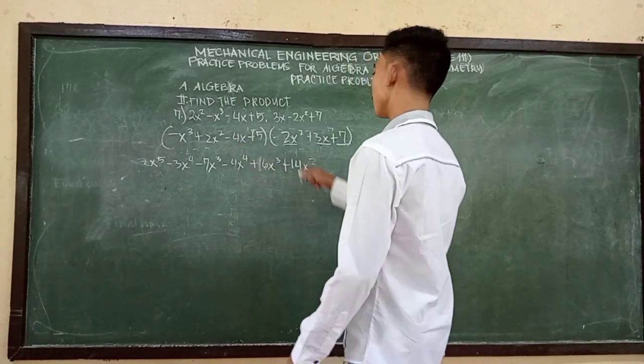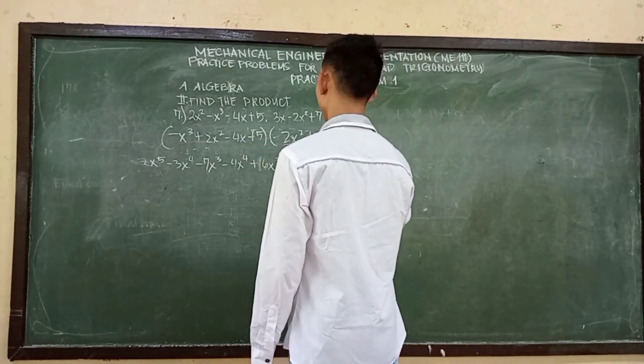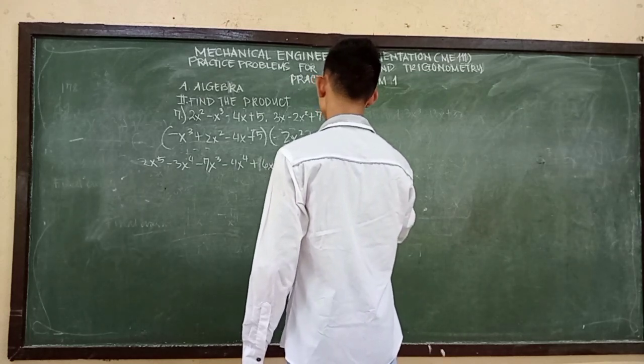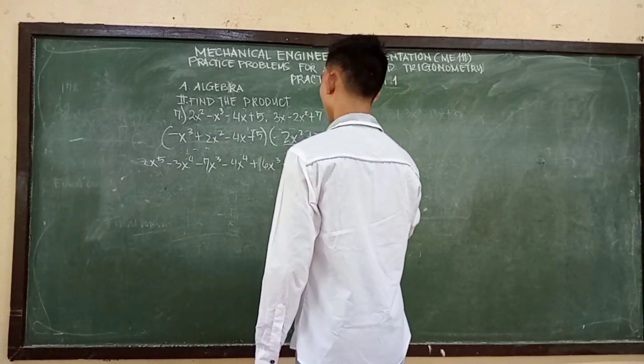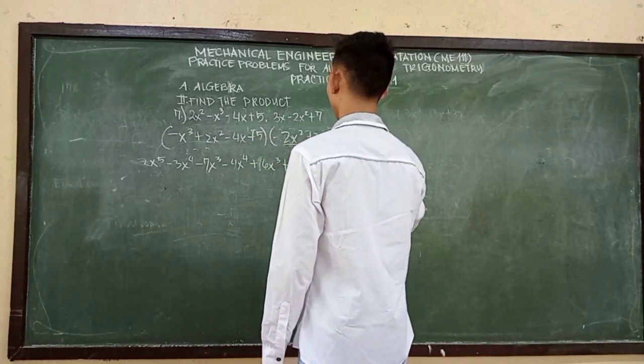Negative 4x times negative 2x squared will give us positive 8x cubed.